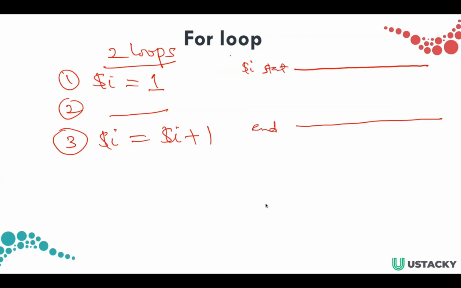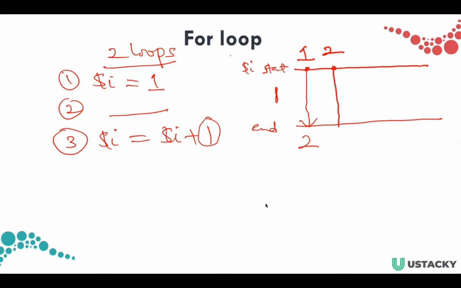So at the starting point, $I is 1, and the increment is +1, so we have 1 here. So the first loop, this will move to this, and at the end of the loop, our $I is now 2. This is going to be the starting point of the next loop.